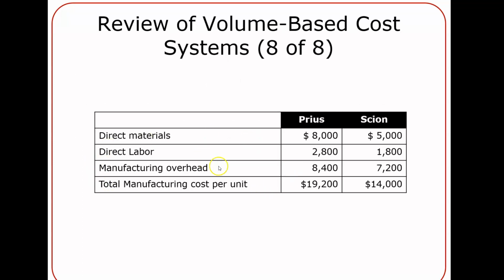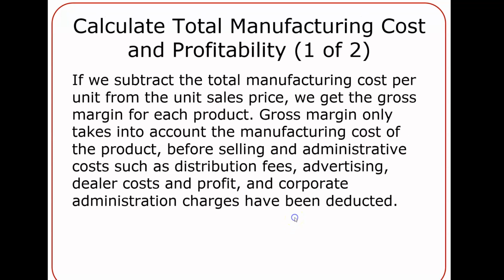It would look like this: per unit, direct materials, direct labor, manufacturing overhead, and the total manufacturing cost per unit. So we could have figured out the total cost for the period and divided by the number of units to get the per unit. If we take that total manufacturing cost and we subtract it from the sales price, we get a gross margin for each product.